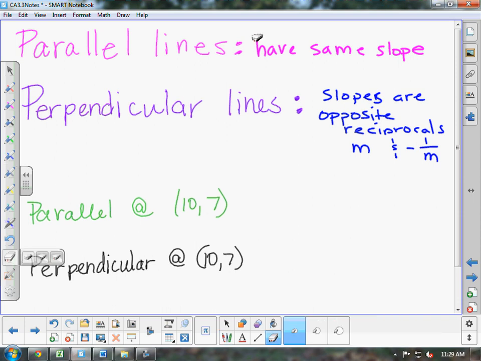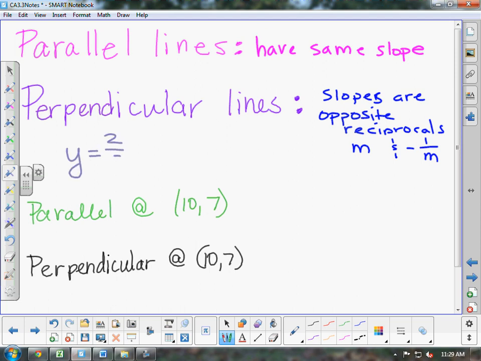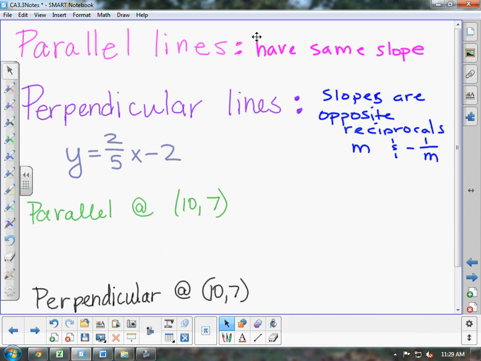Now, using our example from yesterday, which was y equals 2/5 x minus 2, if you wanted to find a line parallel at 10/7, we would still use the same slope of 2/5.